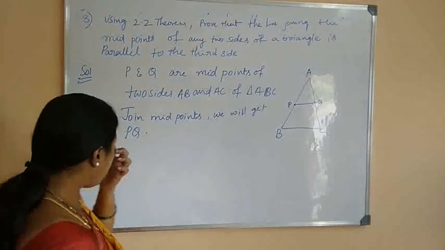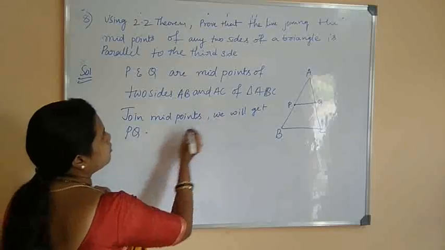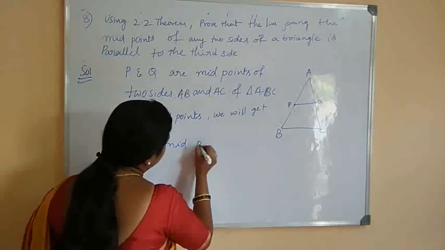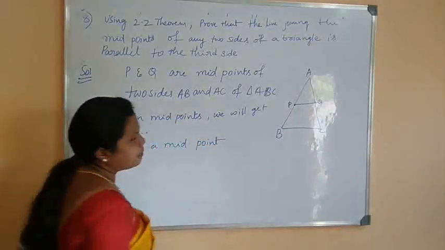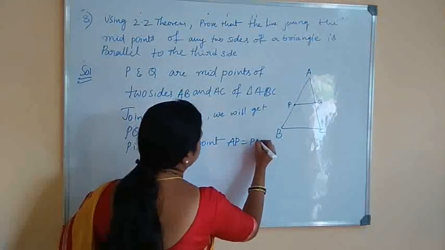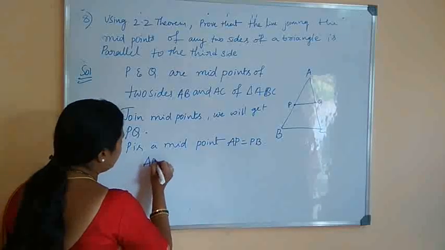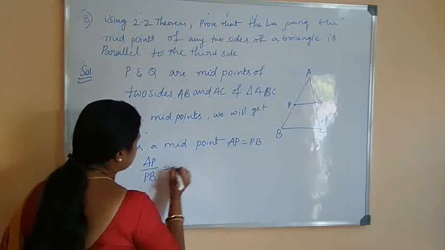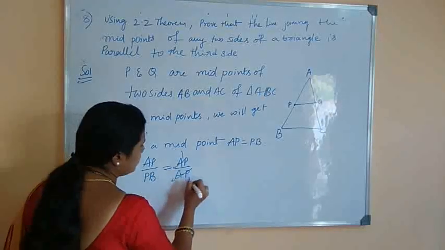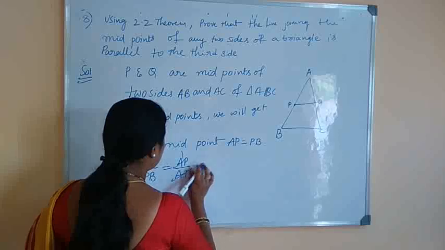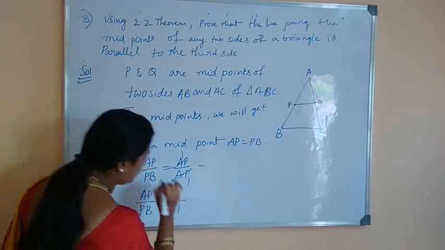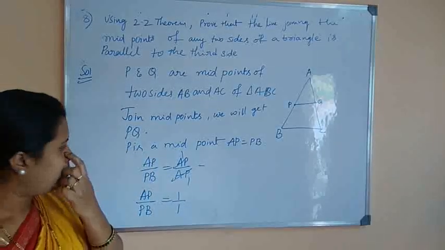Then P is a midpoint, so AP is equal to PB. Then AP by PB, in place of PB you can substitute AP. AP ones are AP. Then here what will you get? AP by PB is equal to 1 by 1.